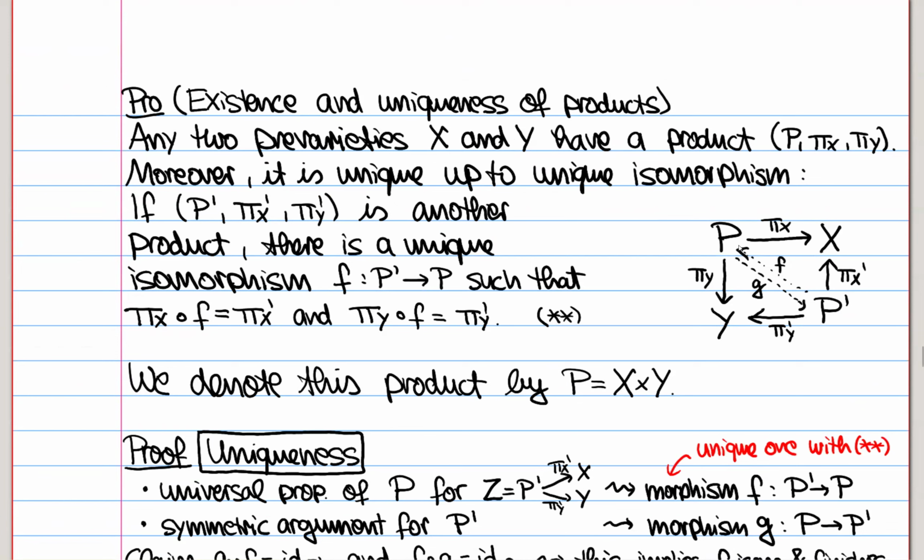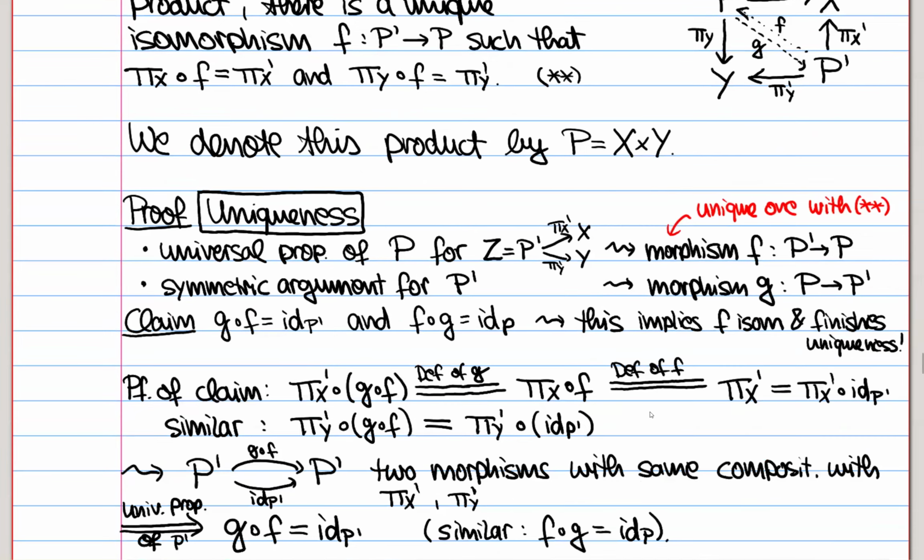So in other words, if you have a P, this diagram here, and you have another product, this would be a diagram like this, then the claim is there are unique isomorphisms f in this direction and g in the other direction, such that first of all, they're inverse to each other, and the diagram here commutes, so that, for example, if you first go f and then pi_X, then you get pi_X prime, and so on and so forth. And this unique product, we can then just denote by X cross Y.